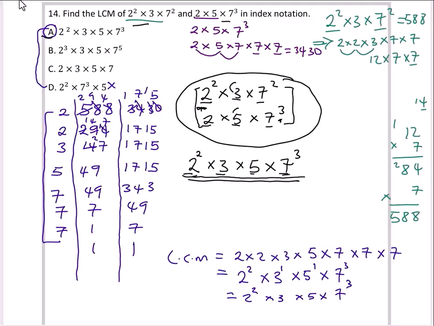Your take home point is that in LCM, the highest index is chosen, while for HCF, the lowest index is chosen. Note: in LCM, pick the highest index.